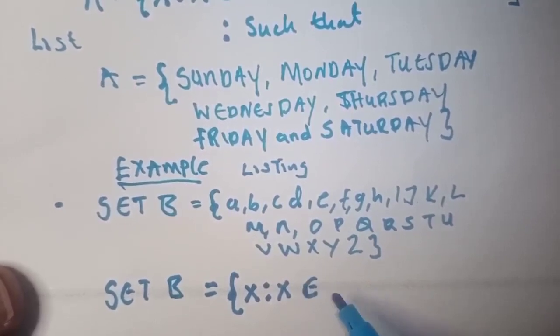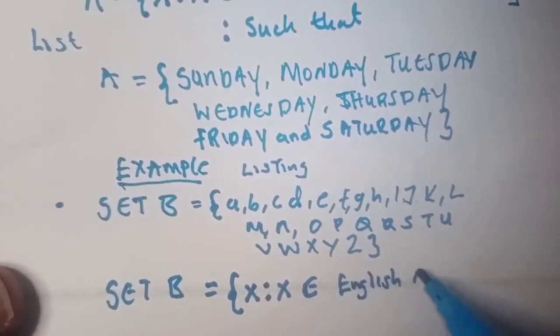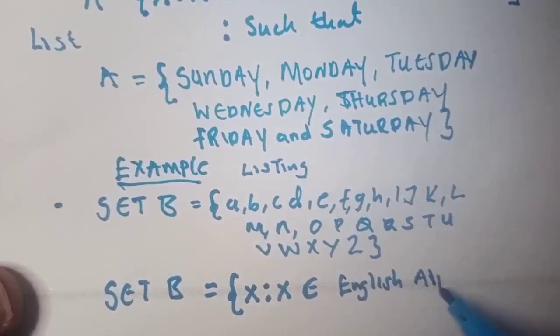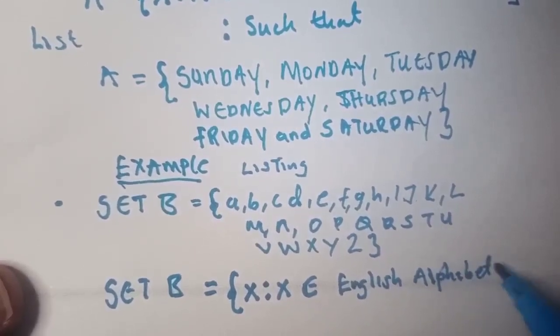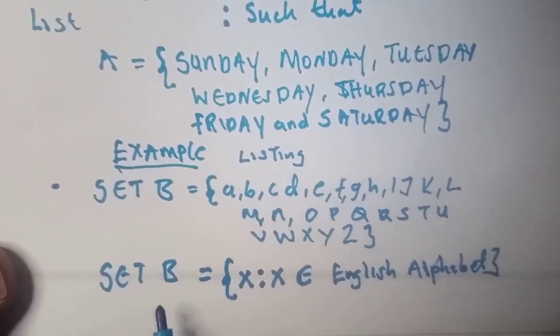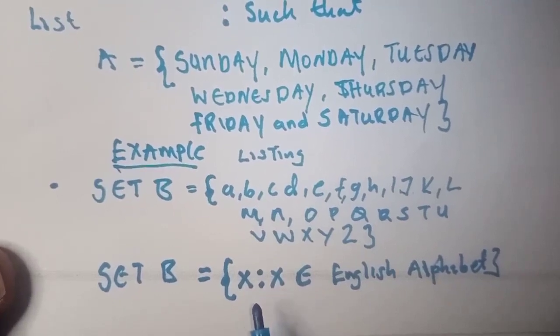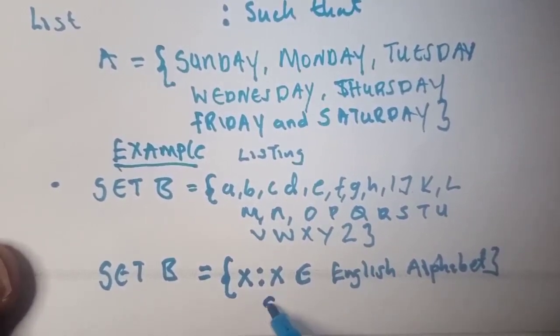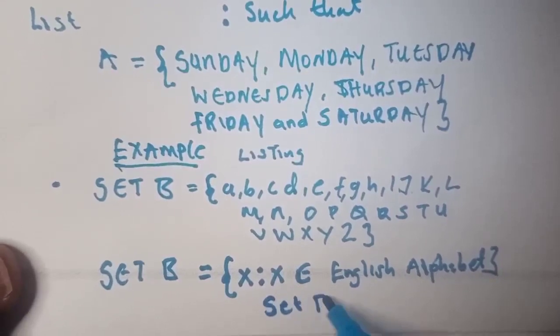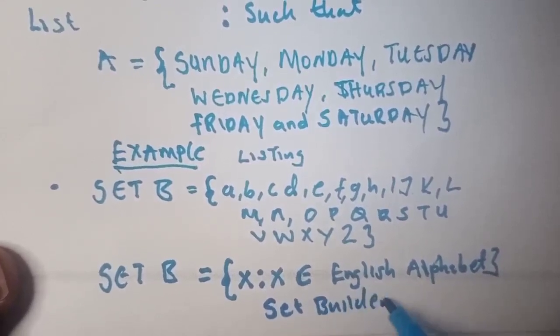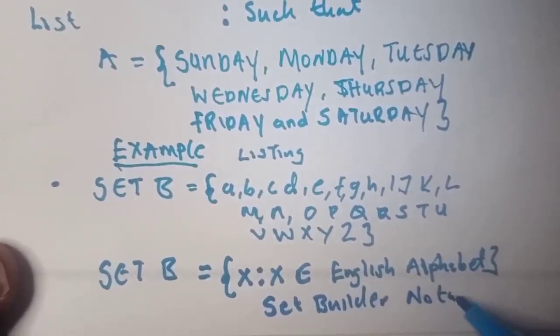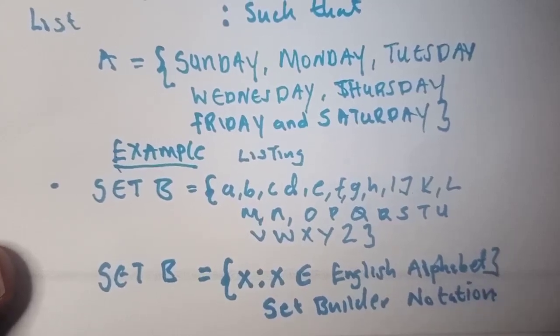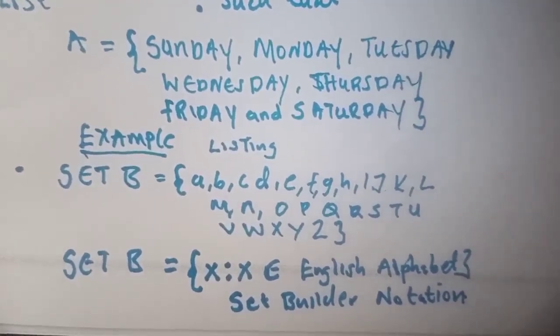The English alphabet, because we know that what we want to list is the English alphabet. So set B is X such that X is a member of the English alphabet. This is called the set builder notation.